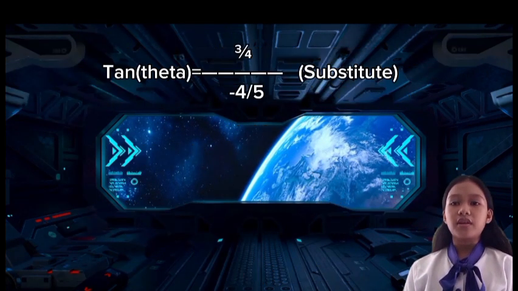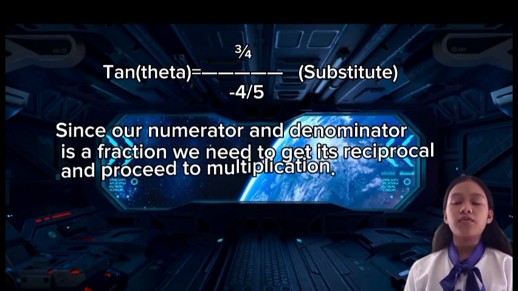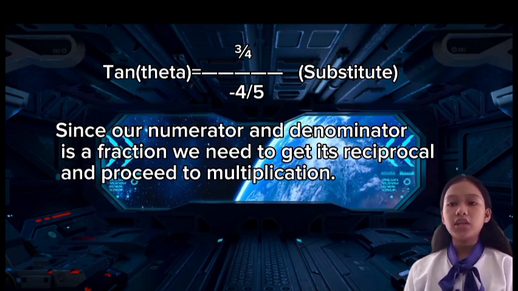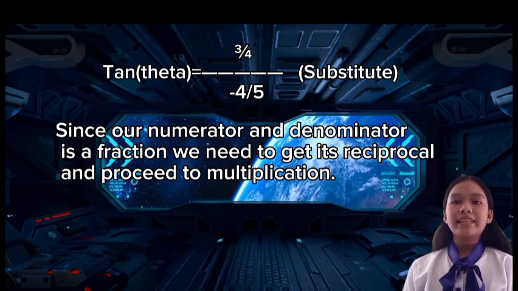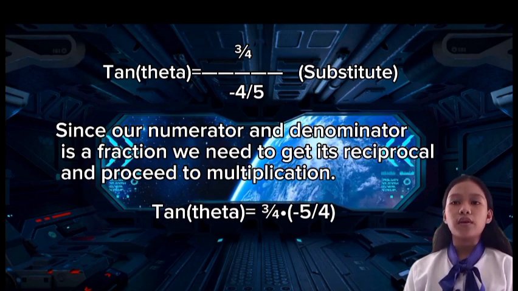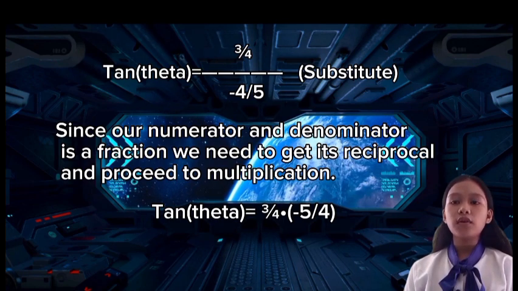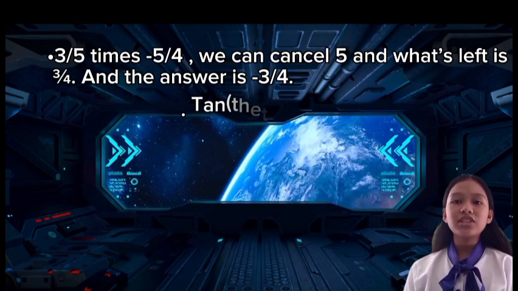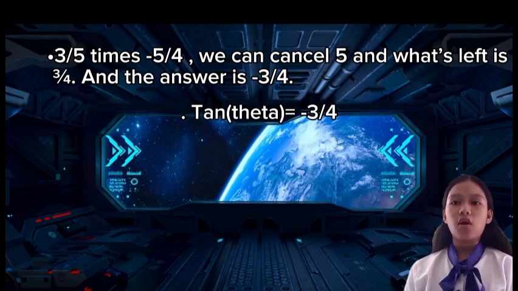Since our numerator and denominator are both fractions, we need to get the reciprocal and proceed to multiplication. So tangent theta is equal to 3 over 5 times negative 5 over 4. We can cancel 5 and what's left is 3 over 4. And the answer is negative 3 over 4. So tangent theta is equal to negative 3 over 4.